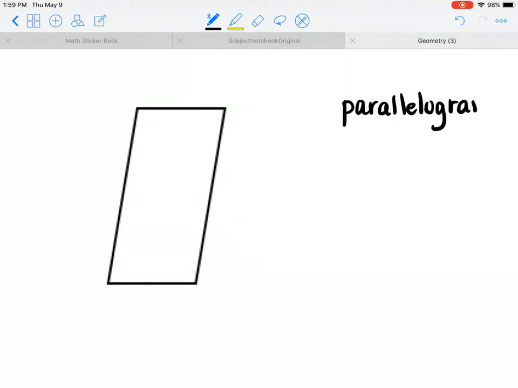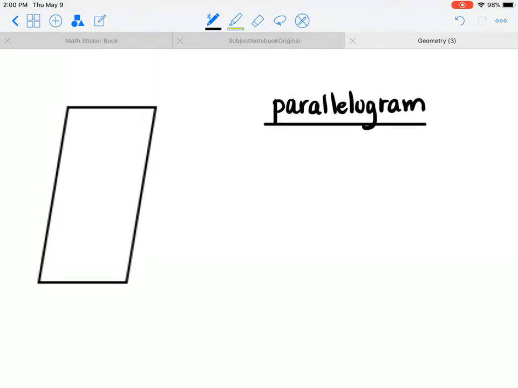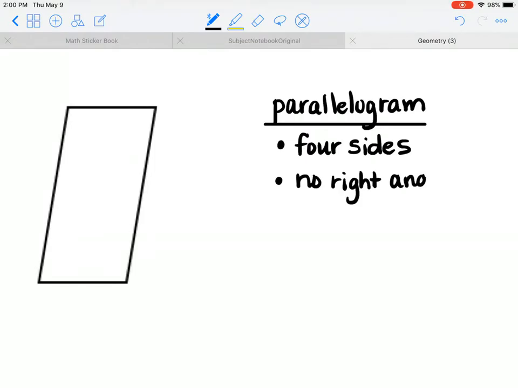It is not standing straight up because it does not have 90-degree angles. Okay, so it is a quadrilateral. It has 4 sides. But it has no right angles. And that's what's causing the leaning.